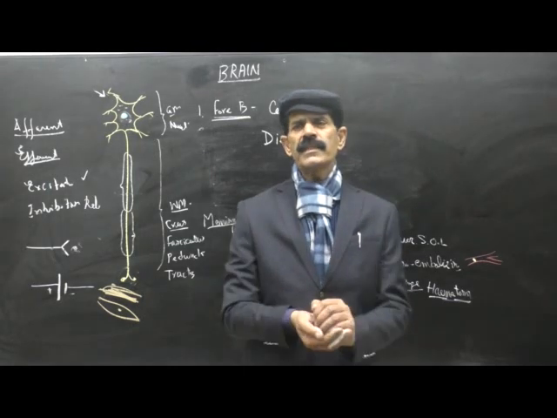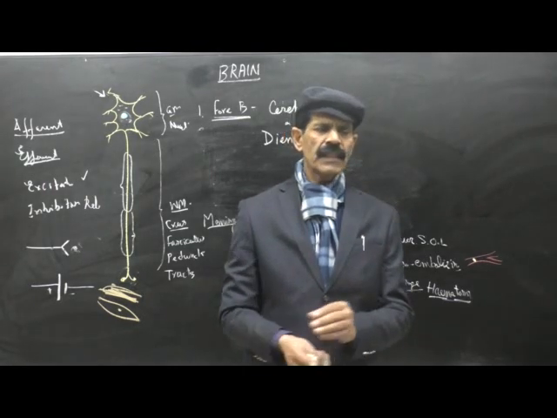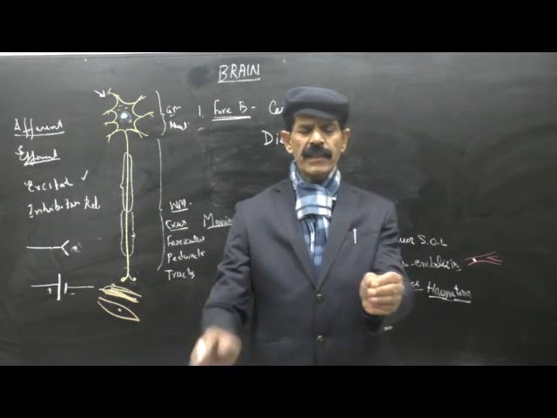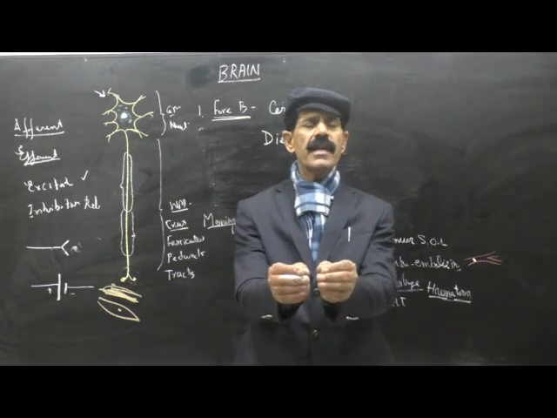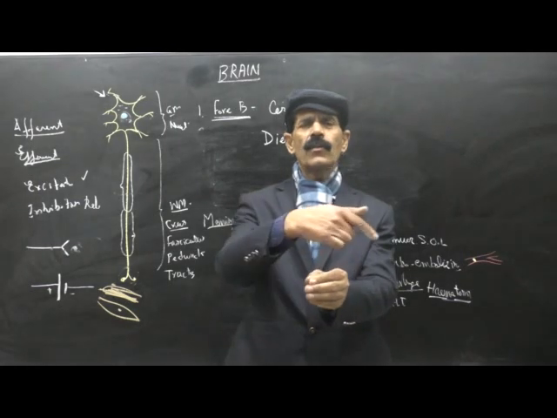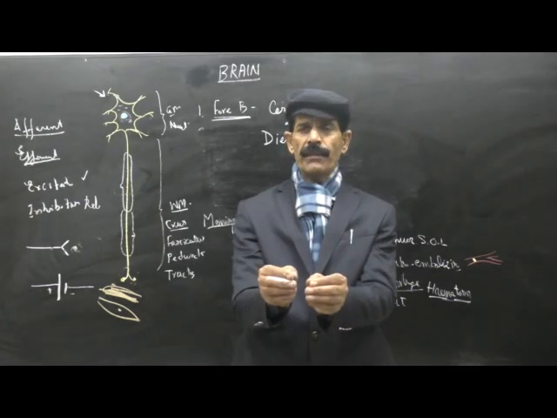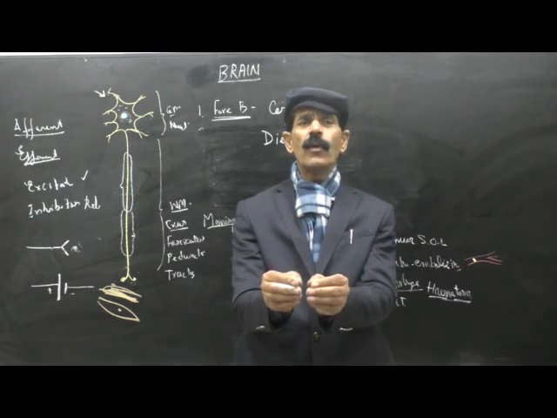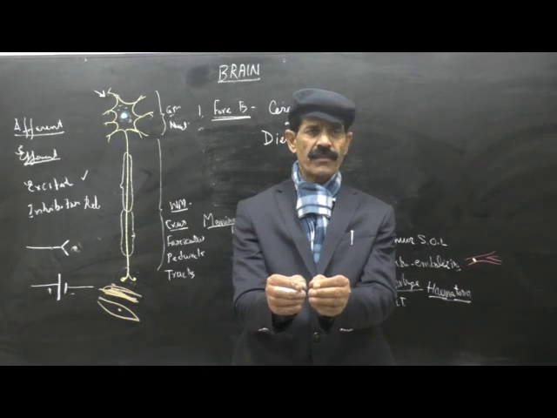So when we study the cerebrum, it is like my hand. There are two cerebral hemispheres, right and left. If you join them, they are almost oblong in shape. It is not circular, it is not oval, it is oblong or ovoid in shape.